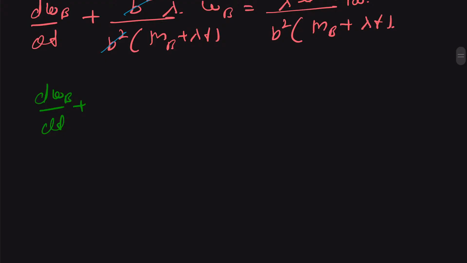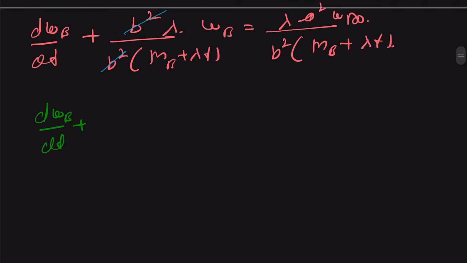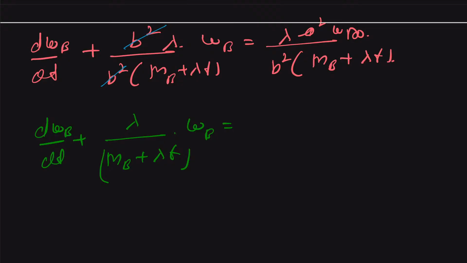this will be plus lambda upon mb plus lambda t times omega b is equal to, on the right side it will be entirely the same terms, lambda a square omega a naught upon b square mb plus lambda times t.